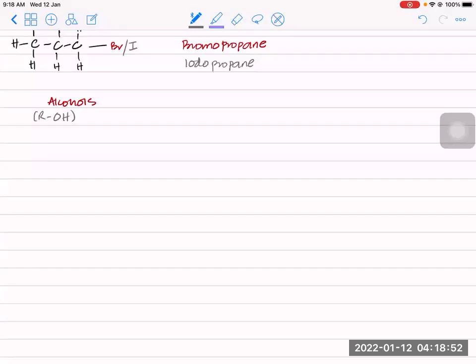For example, you have a carbon attached to an OH and you have a one carbon alcohol. This is a methyl group attached to an OH, so the name for this alcohol is methanol.